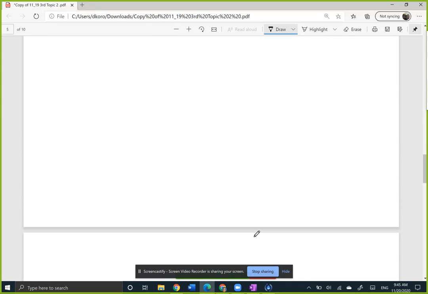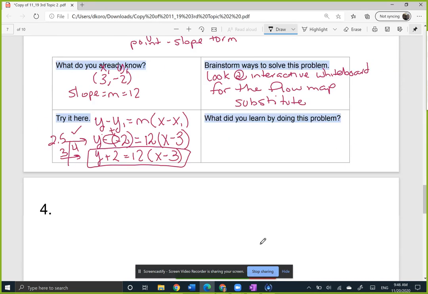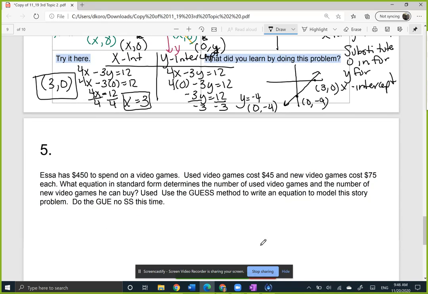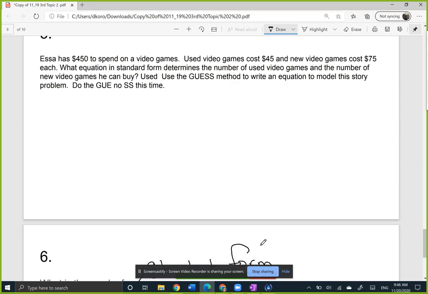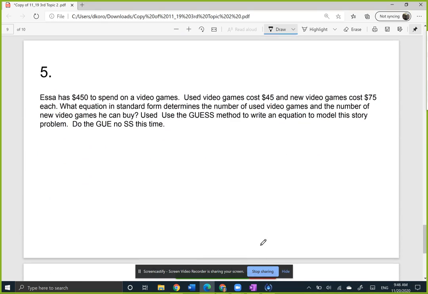All right, so we did 2 number 4s. Okay, so number 5 says Issa has $450 to spend on video games. Used video games cost $45 and new video games cost $75 each.